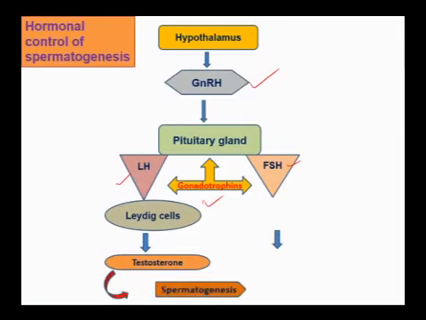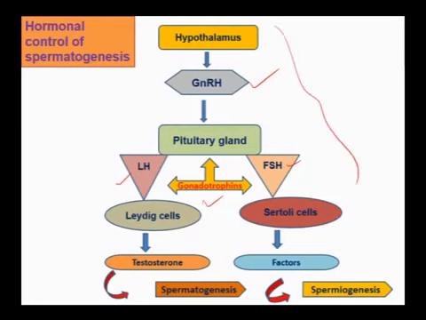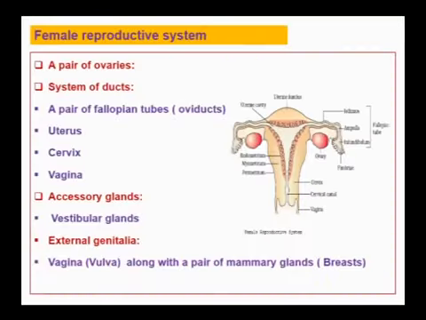Similarly, follicle stimulating hormone, FSH, acts on Sertoli cells of the testis, inducing them to secrete certain factors which are responsible for the transformation of spermatids into sperm. This is known as spermiogenesis or spermateliosis. This is a representation showing the regulation of spermatogenesis by hormones.